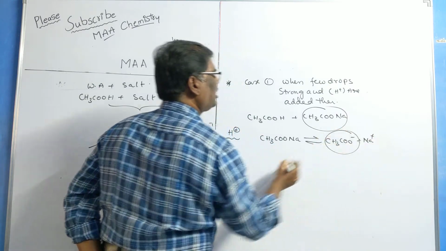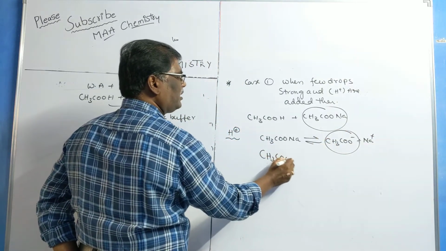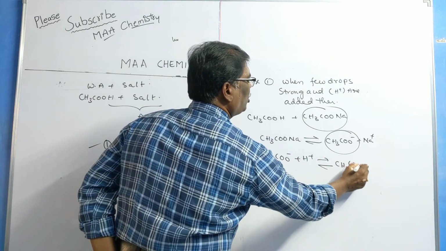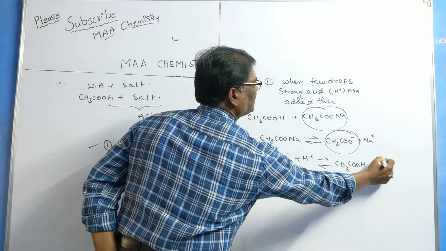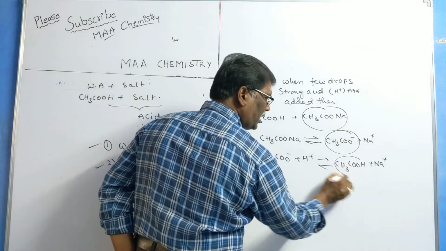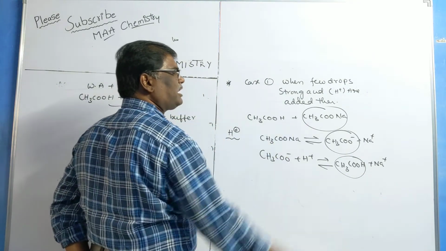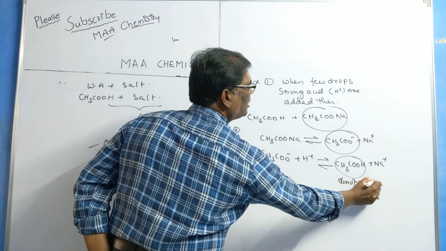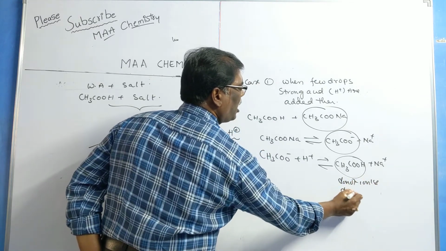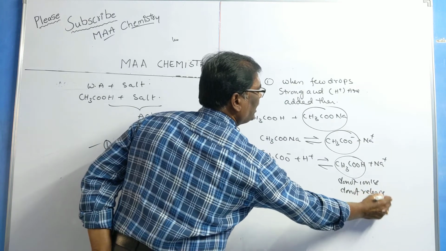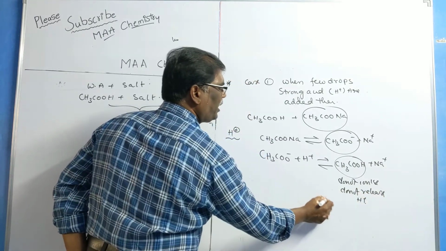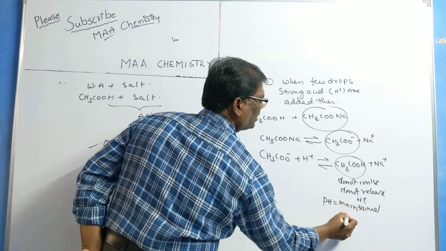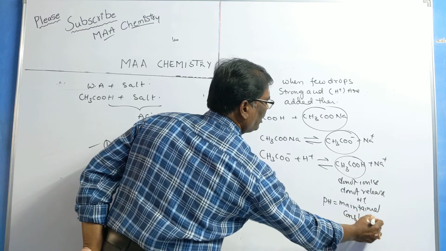The acetate ion thus formed combines with the excess H+ and changes into unionized acetic acid. So it does not ionize and does not release H+, and the pH does not decrease. The pH is maintained constant.